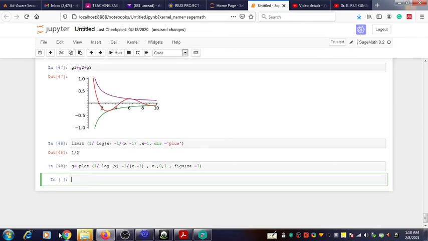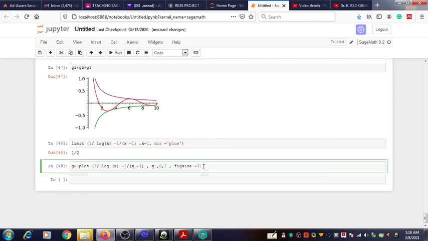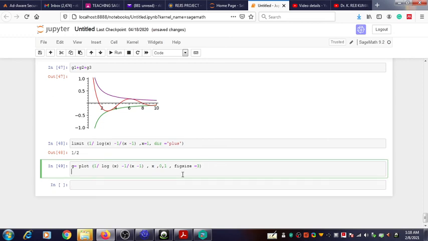Now I am going to take the output. Let's wait for the output. It's taking more time. Oh, sorry, we want to type g also, and that was not written there.